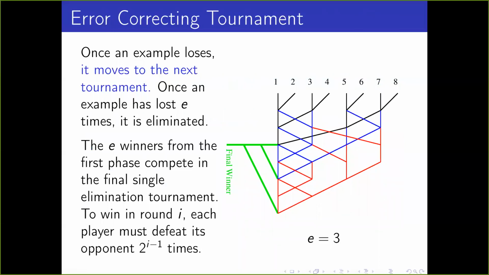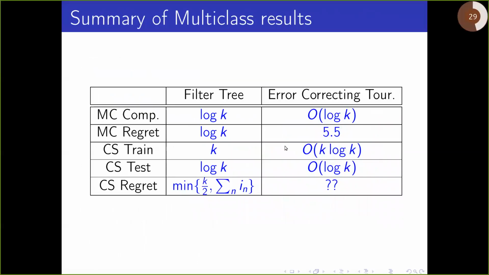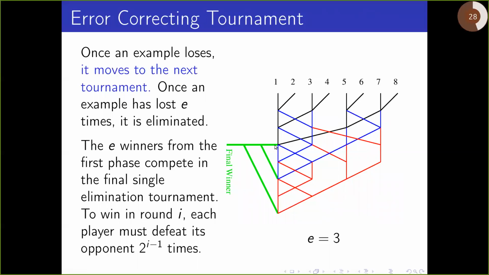So let's look at this closely. We have 8 class labels, and the black is a single elimination tournament over the 8 labels. Now the blue takes the losers of the black tournament and pairs them off against each other, except at the last round, where both the winner and the loser go into the blue tournament.